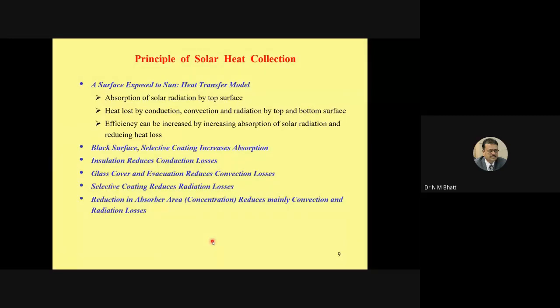What we assume is that we have a flat surface which is exposed to the sun. Now, how can the heat transfer model be developed for this flat surface?